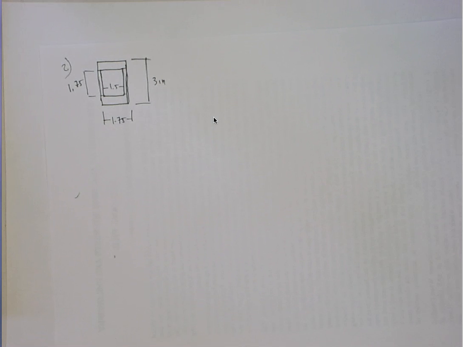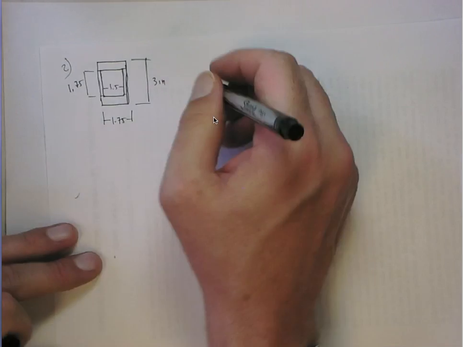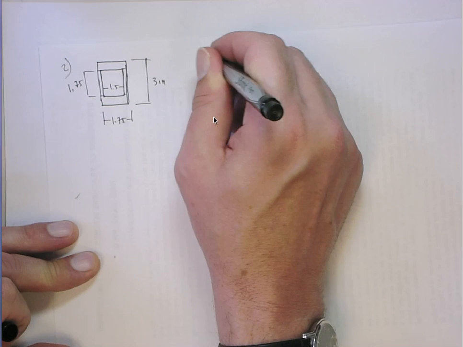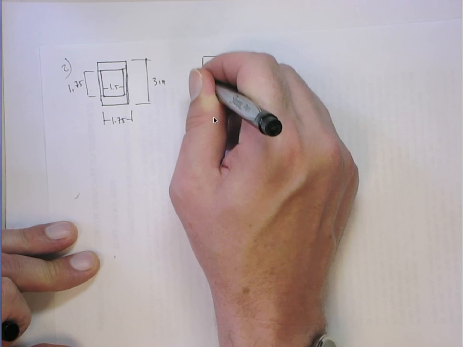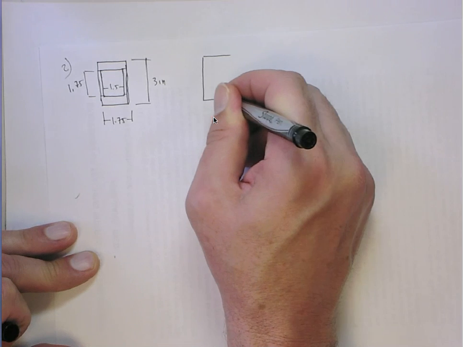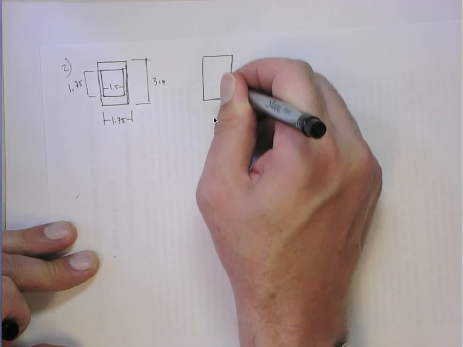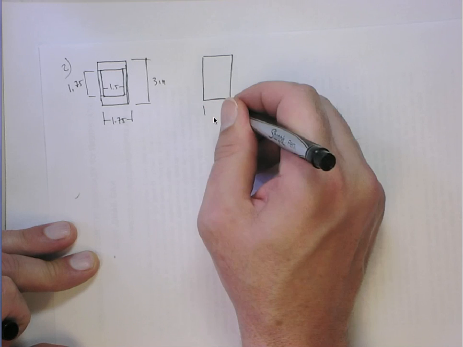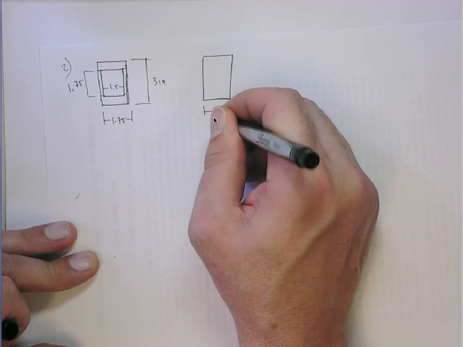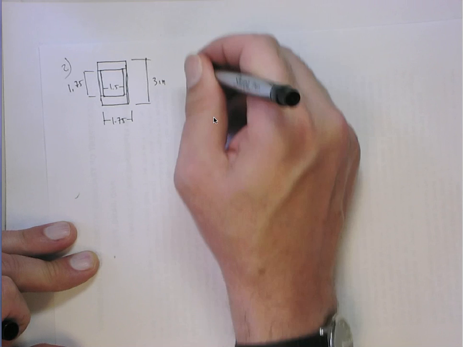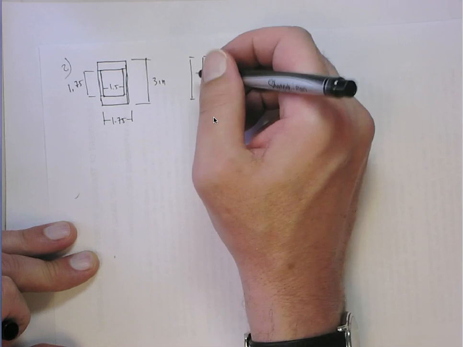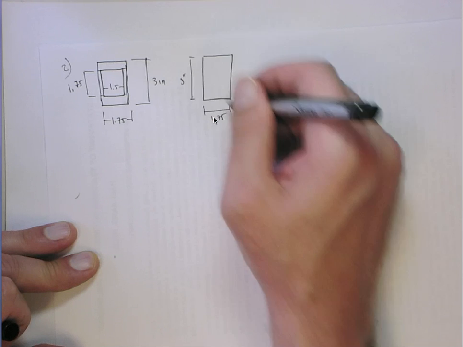Since it's symmetric, this one's actually quite easy. We can get the I just as we would when we consider a hollow tube. So we can get the I of the box beam as if it were solid, a solid 1.75 by 3 inches.